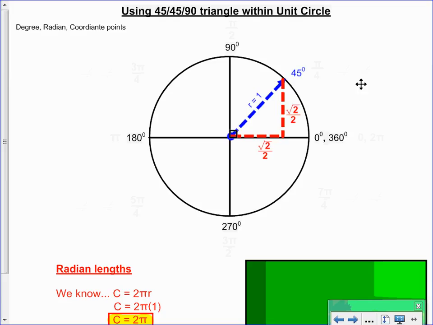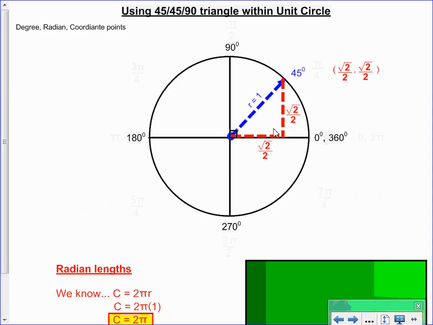So the coordinates at that point would be root 2/2, comma root 2/2. That's the x, not the y.